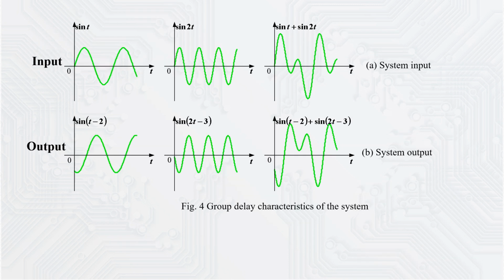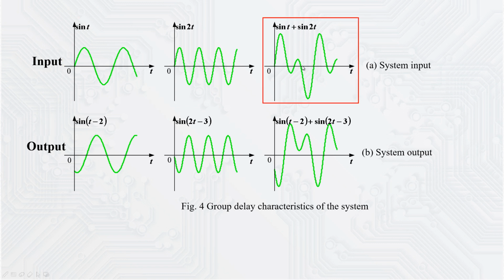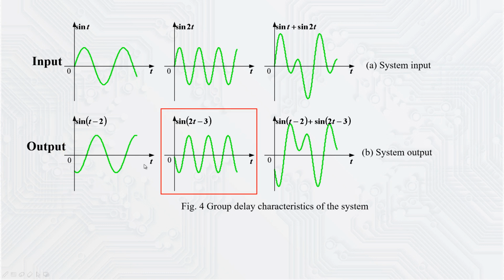In this system, the input signals are sin t and sin 2t. If sin t and sin 2t are superimposed, we can get such a waveform. Input these two signals to the system. The time delay of sin t generated by the system is t minus 2, and the time delay of sin 2t generated by the system is 2t minus 3.